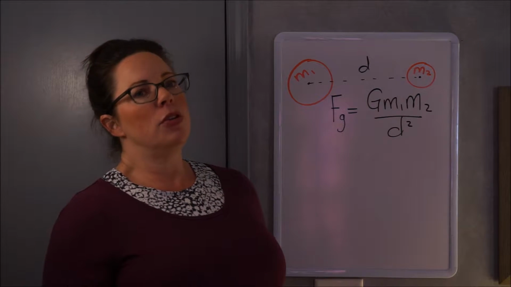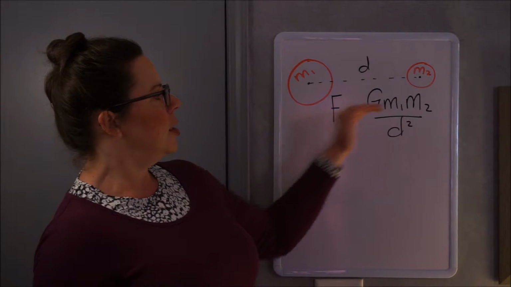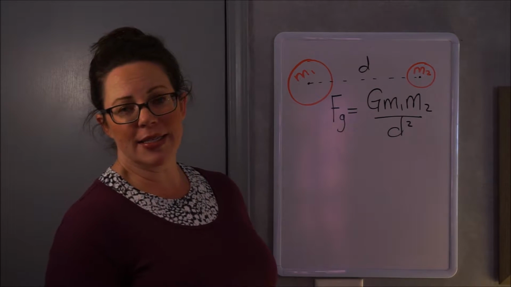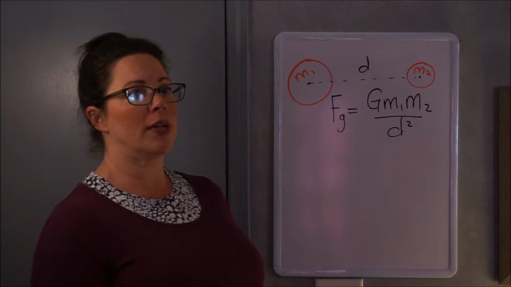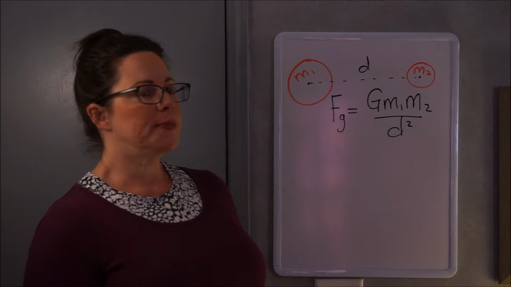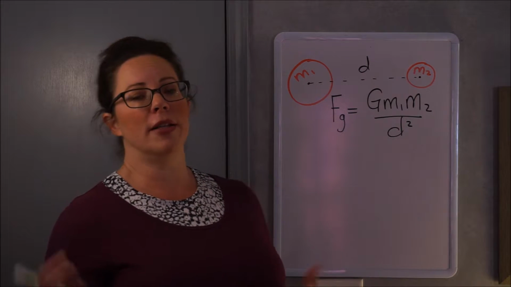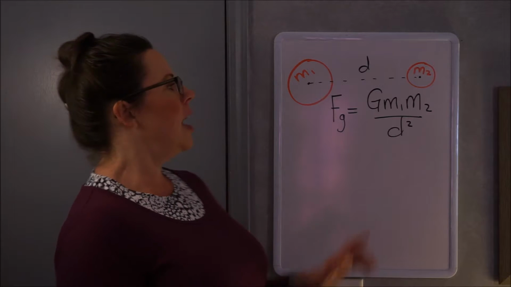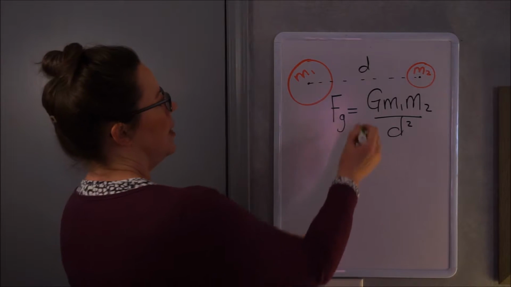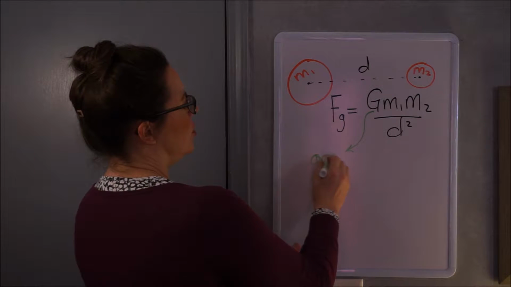So this is something that Newton worked out on his own, the directly proportional relationship for masses and the inversely proportional relationship between the square of the distance and the force. It took Lord Cavendish to use a torsional balance, which is described in your book, to come up with this number right here. That number G is the gravitational constant.